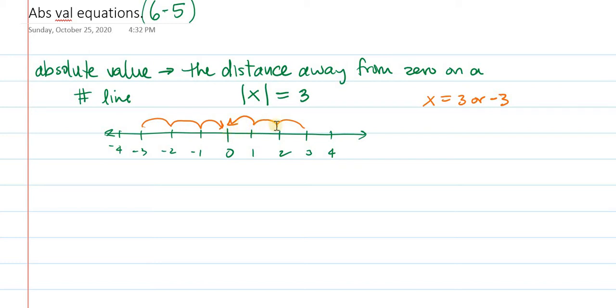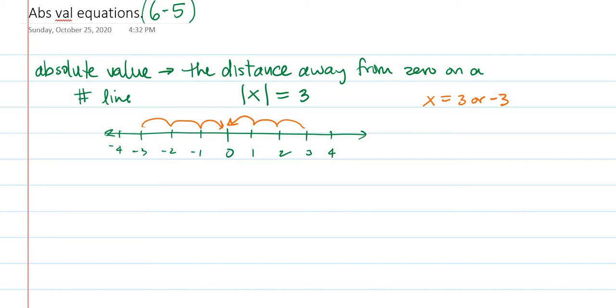So we can be 1, 2, 3 places away at positive 3, or we could be 1, 2, 3 places away at negative 3. So when you solve an absolute value equation, you will get 2 solutions, the positive side version and the negative side version.